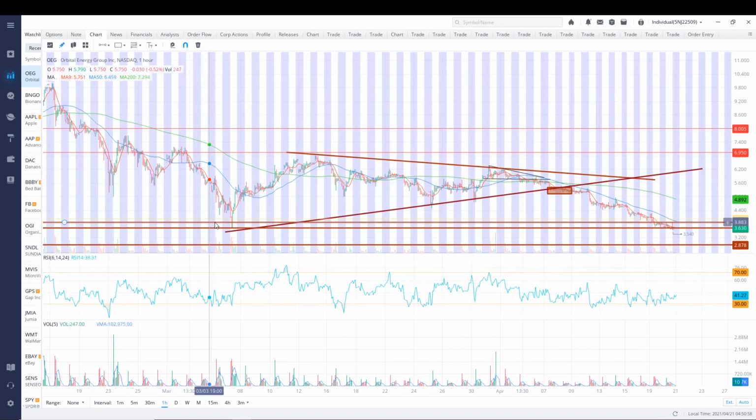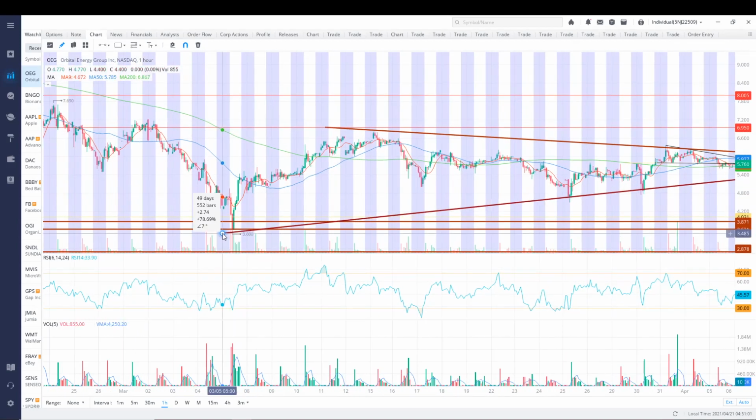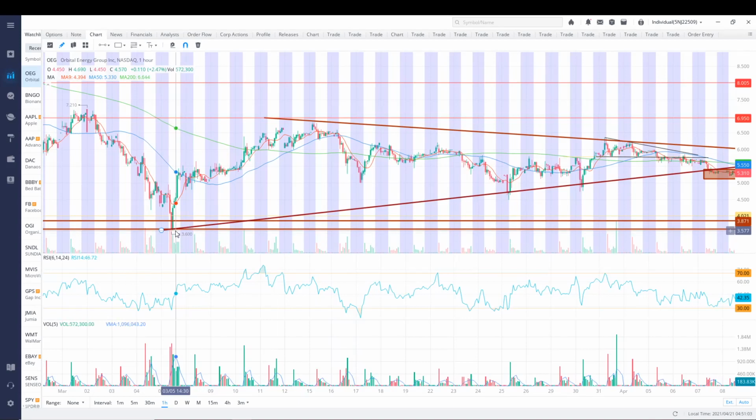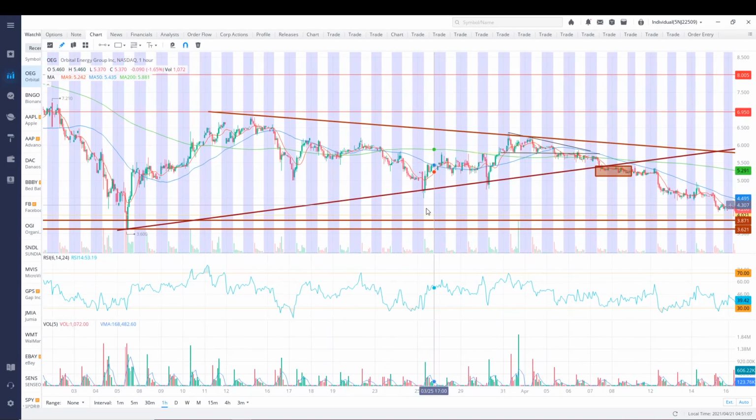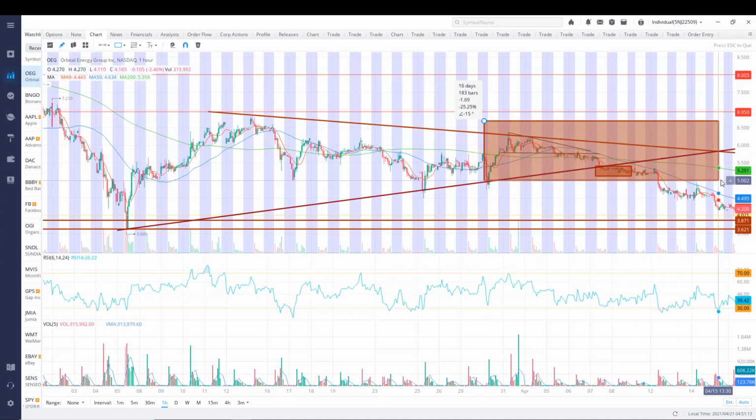You see that we have this upward support where the buyers keep stepping in, and bam, bam, they keep stepping in and picking up the price. And same with this point on the sellers, multiple touch points. So it did collide into the apex where there wasn't a lot of room for the pattern to play out.